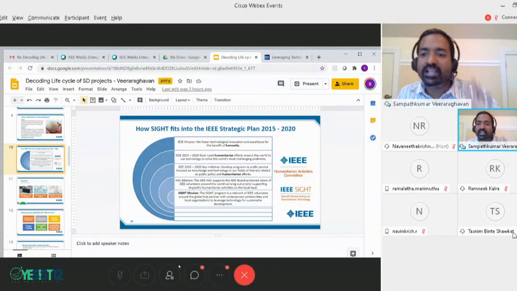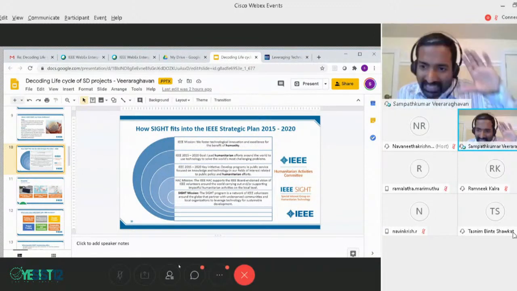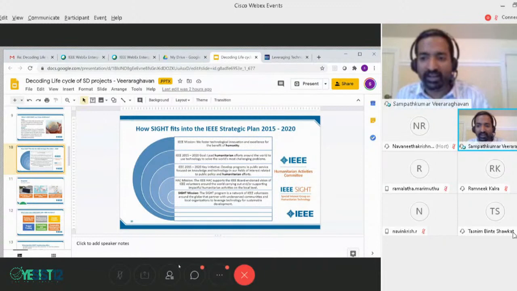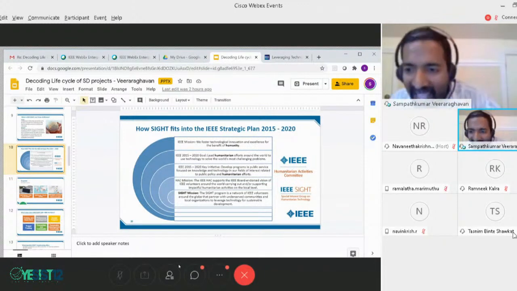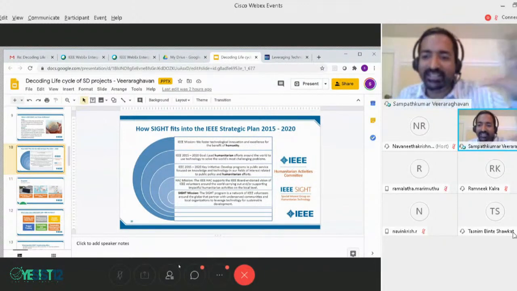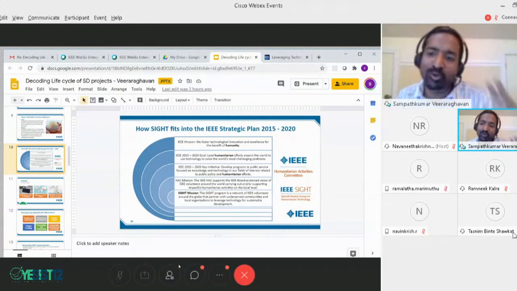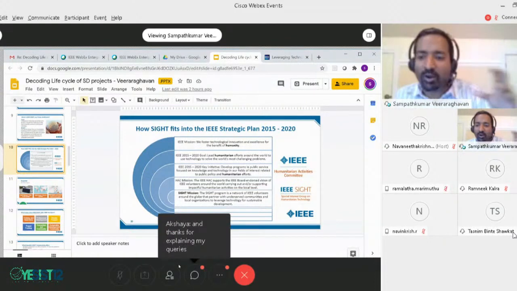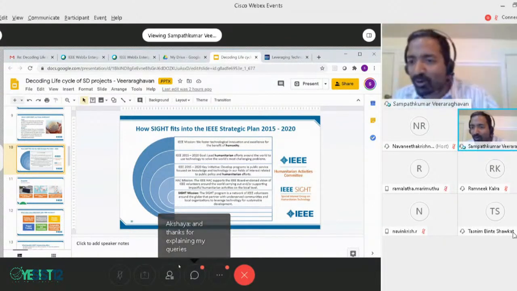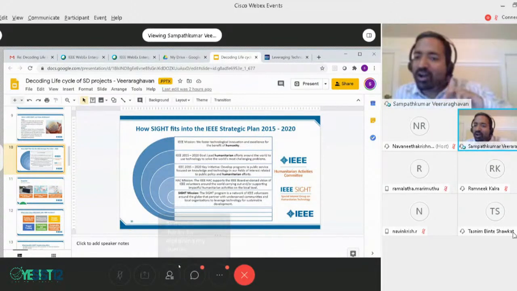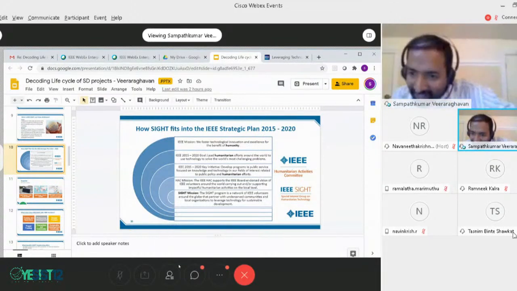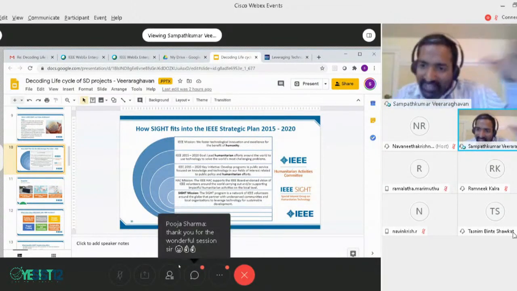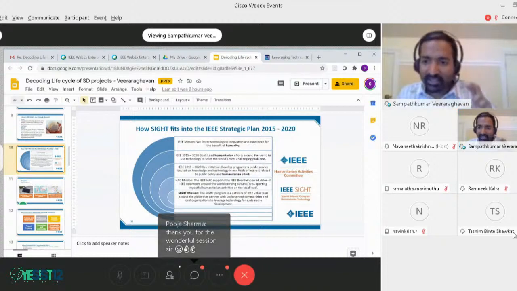In other words, HAC is the parent committee, and we are part of it. To give an example, think of HAC as the centralized university, whereas SITE is the college, as all SITE affinity groups are the local colleges affiliated to the centralized university. So HAC defines the strategy, whereas SITE is the implementation mechanism, the feet on the ground initiative.